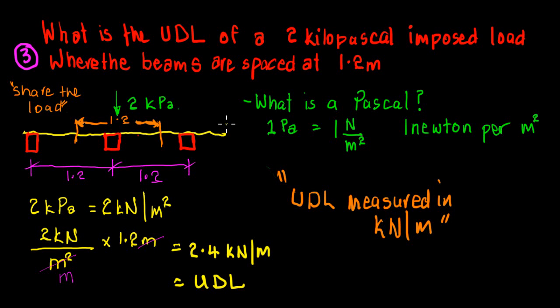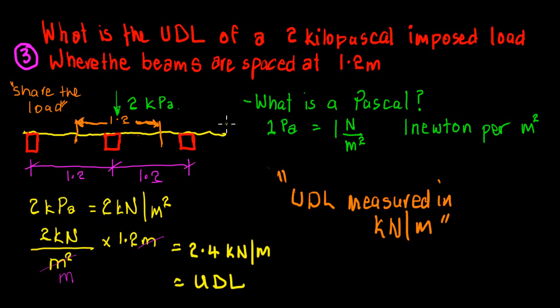So, if we've got 2 kilopascals, 2 kilopascals is actually equal to 2 kilonewtons per meter squared, because a kilopascal is 1,000 newtons per meter squared.